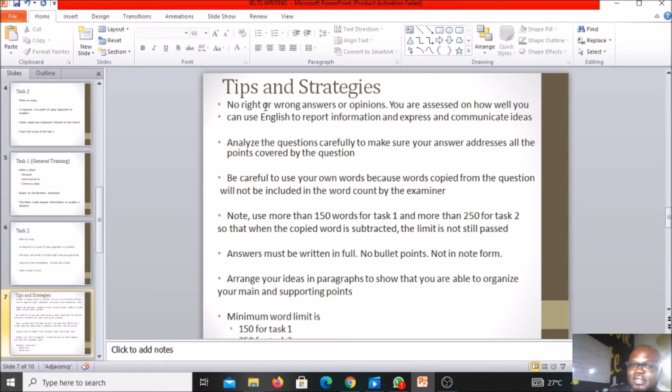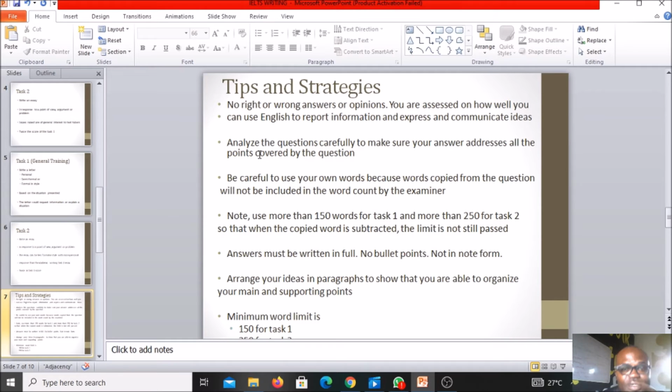You will not say that the person that disagreed did the wrong thing or is going to fail, and you that agreed will pass. No, no, no. Whether you are agreeing or disagreeing, make sure you make a cohesive point that is very understandable. That is what is important, because you are assessed on how well you can use English to report information and express or communicate ideas, not on whether you are supporting or opposing the opinion.